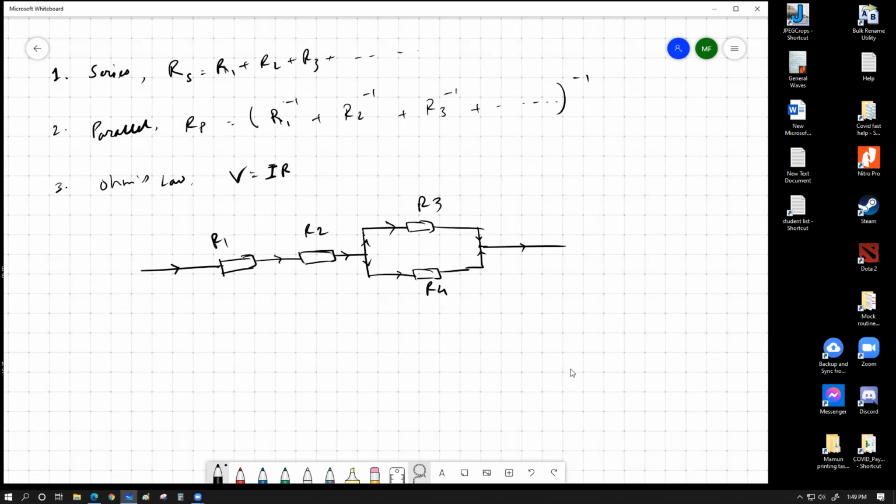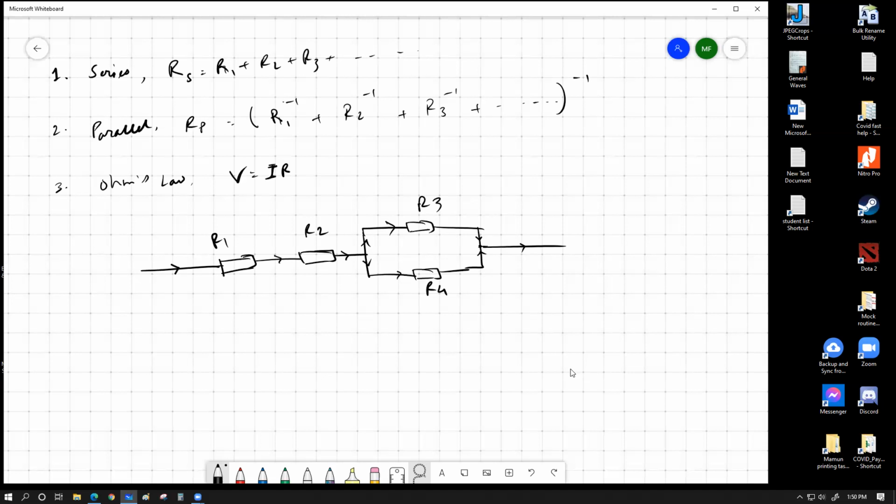So what we should see is that the current through R1 and R2 is exactly the same, because they are connected in series. And the sum of the currents of R3 and R4, I mean I3 plus I4, where the current of R3 and the current of R4 are named I3 and I4 respectively, would be equal to the main current as well.